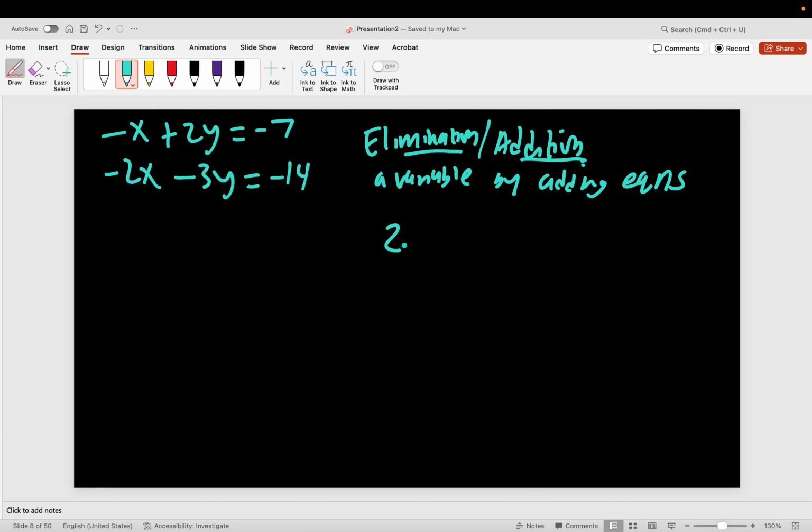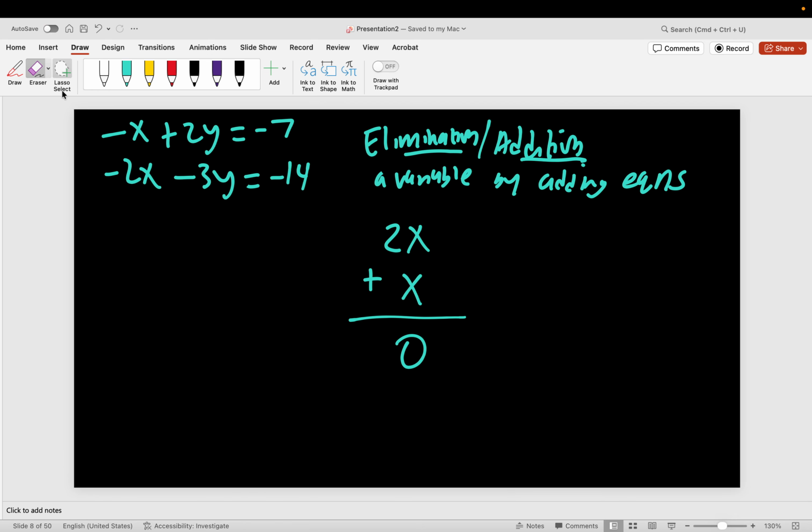So let's think about what that even means. If I have 2x and I have 3x, or let's start with something a bit easier. If I have 2x and I have x, and I want to eliminate this when I add it and just get 0, what should I make this be?